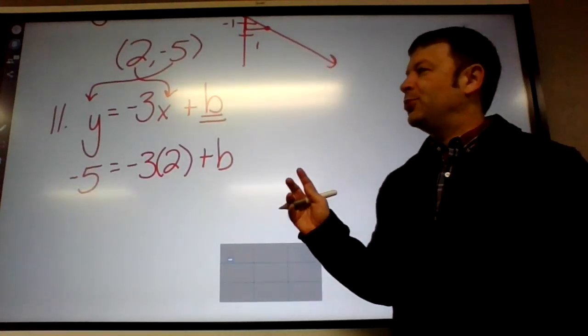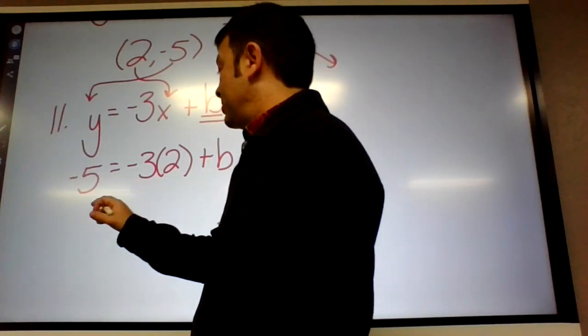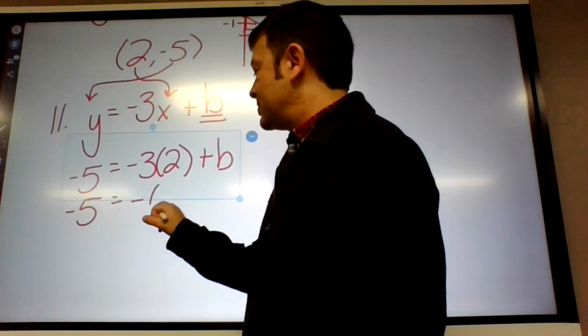So 2, -5 is one of the x, y, so that works. And if we plug it in, we should be able to figure out what b is. -3 times 2 is -6.